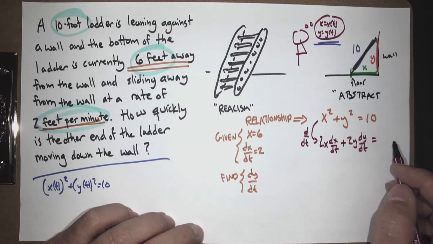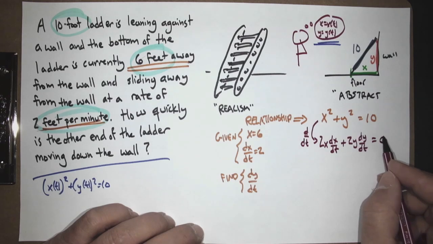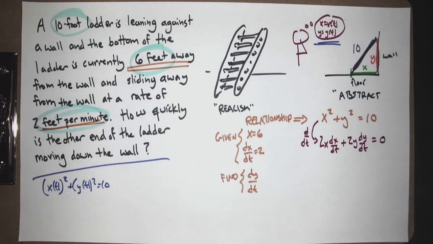Yes? No? Yeah. 0. Why 0? Yeah, because you have to take the derivative of both sides. Derivative of a constant is 0. Okay, all right. Cool. So we took our relationship, took our derivative, and now this is a relationship for the rates.